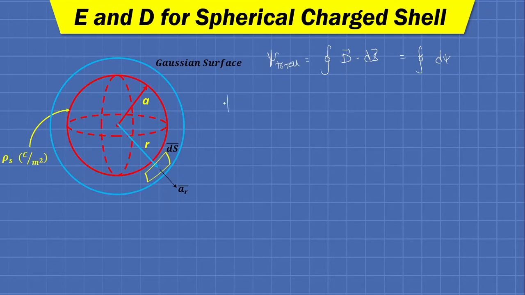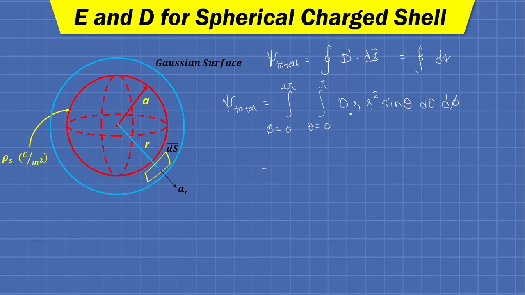So psi equals the double integration of Dr r square sin theta d theta d phi. Here there are two variables, theta and phi. The lower limit for theta in the spherical coordinate system is 0 and the upper limit is pi. For phi, the lower limit is 0 and the upper limit is 2 pi. Kindly refer to the videos of the first chapter to recall these things.